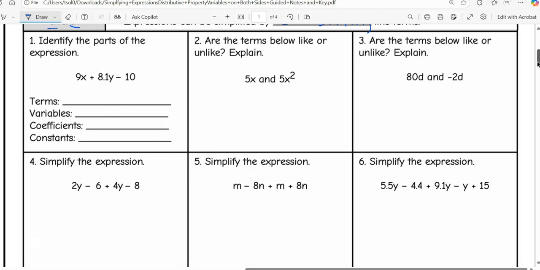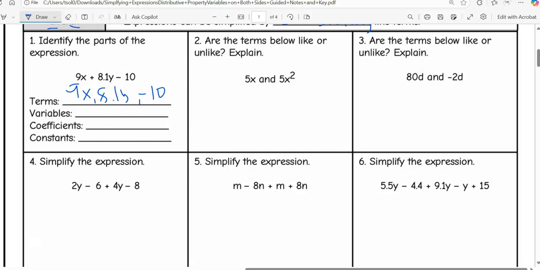Number 1, identify the parts of the expression 9x plus 8.1y minus 10. We need to know the terms. The terms are 9x, 8.1y, and negative 10. What are the variables?